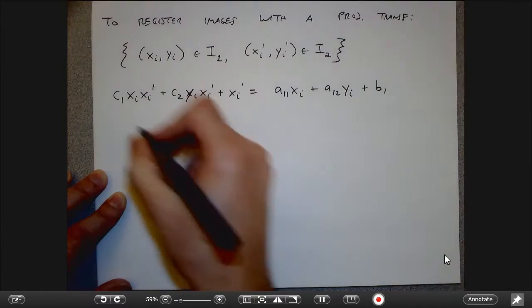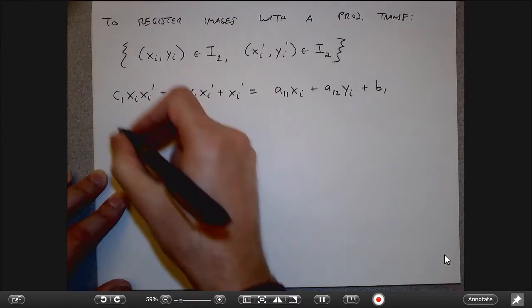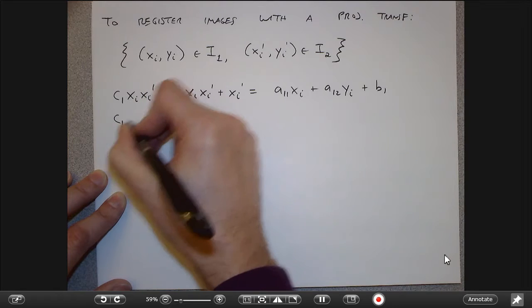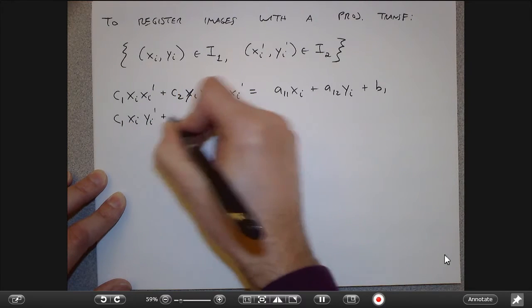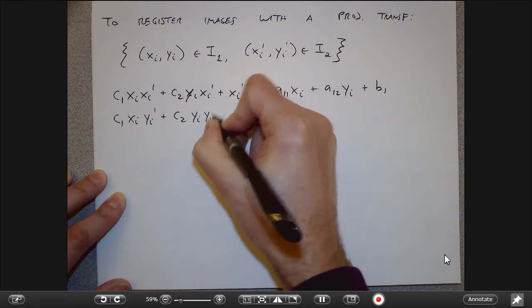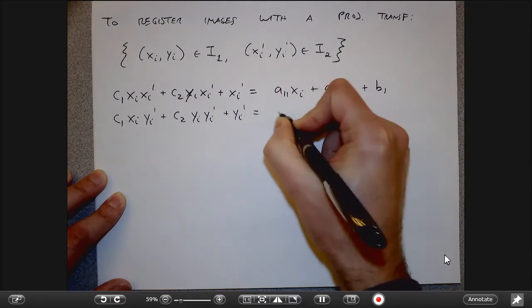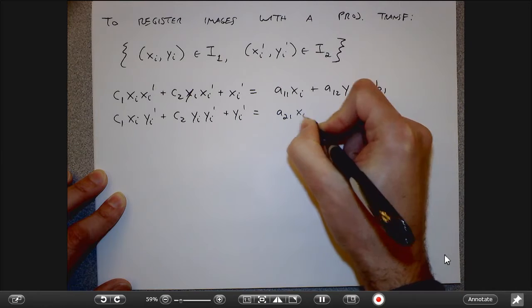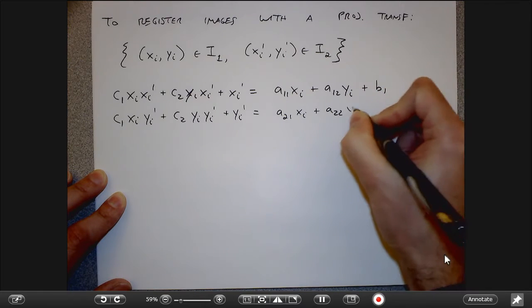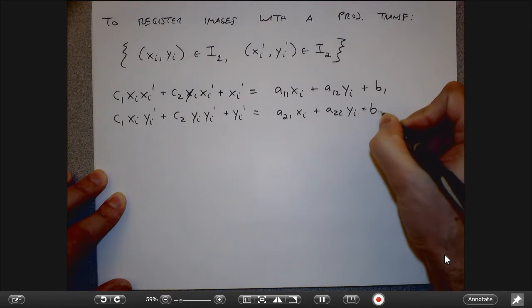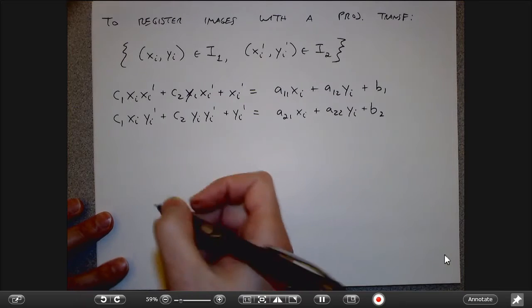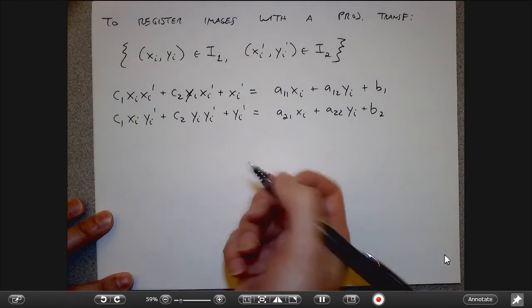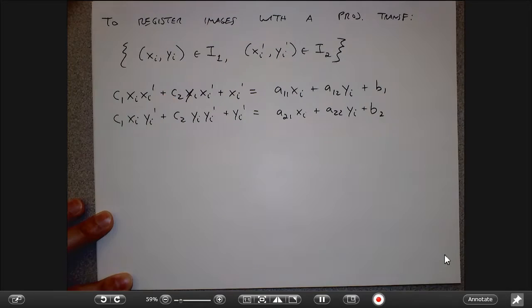And if I do the same thing for the y part, what I get is C1 xi yi prime, and so on. All I did was multiply both of those equations of the previous slide by their denominator. And I think about, okay, what don't I know? I want to estimate the A's and the B's and the C's.